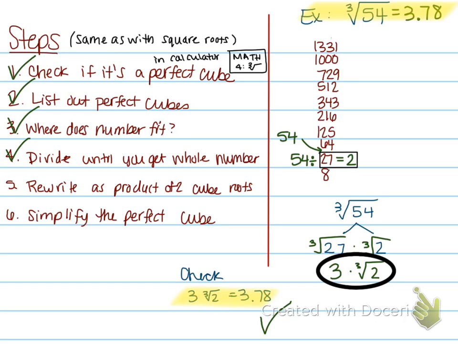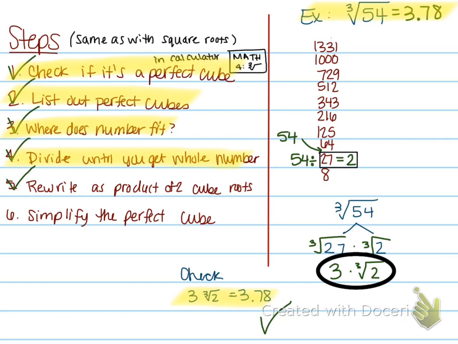My first step, I checked to see if it was a perfect cube. In my calculator, math, fourth option. I got a decimal, so I moved on. I listed out all my perfect cubes again. Make sure you use your cubes, not squares, when you see that little 3 there. I found where 54 fit in on my list, and I started to divide.